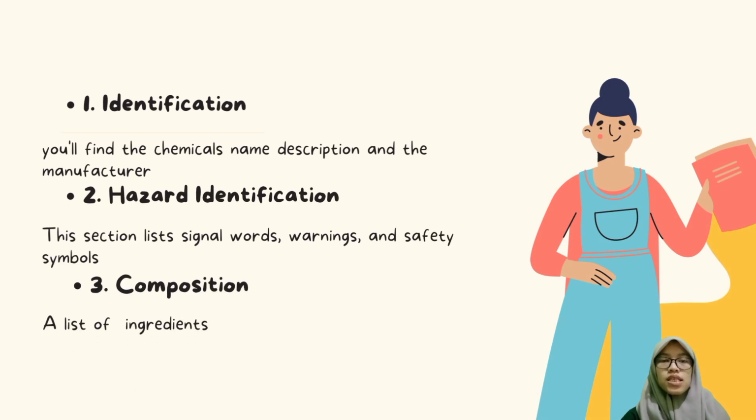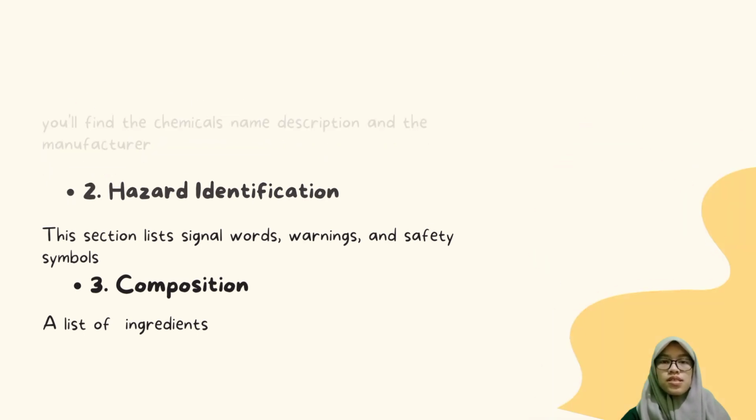Section 1, Identification. Here you will find the chemical's name, description, and the manufacturer contact information. Section 2, Hazard Identification. This section lists signal words, warnings, and safety symbols. Section 3, Composition, a list of ingredients.